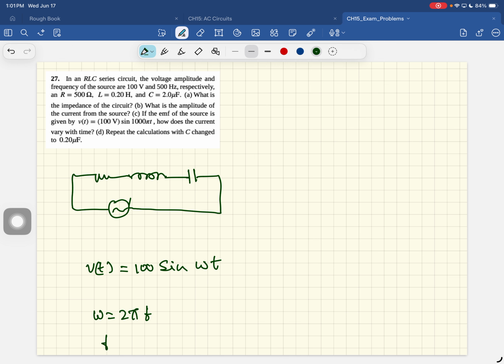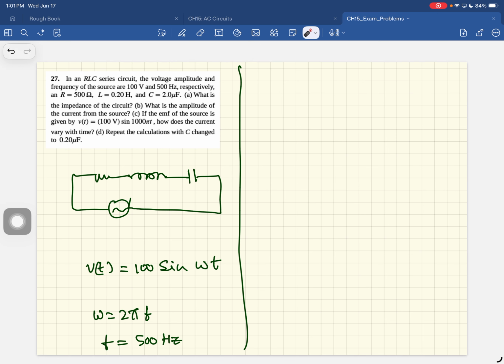So the impedance of this circuit is frequency dependent, and at this frequency, it is that many ohms. Okay, and that's what we found.